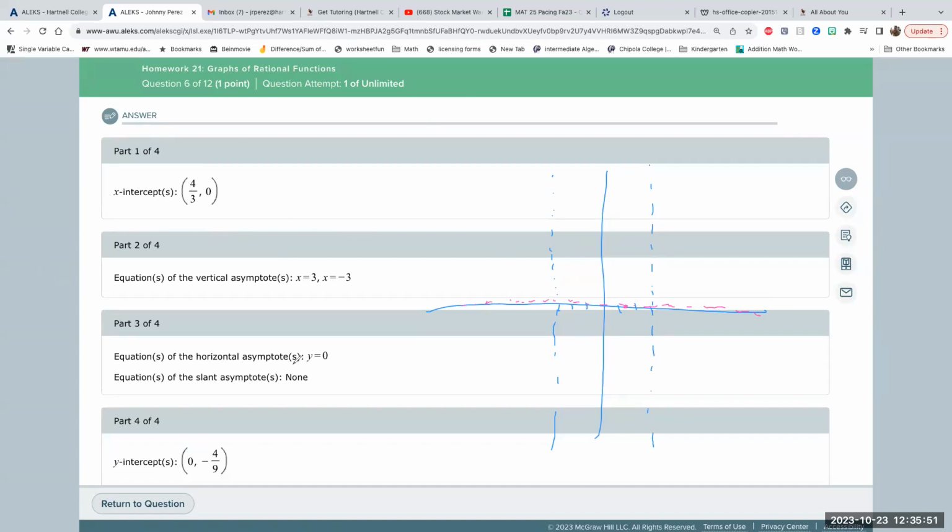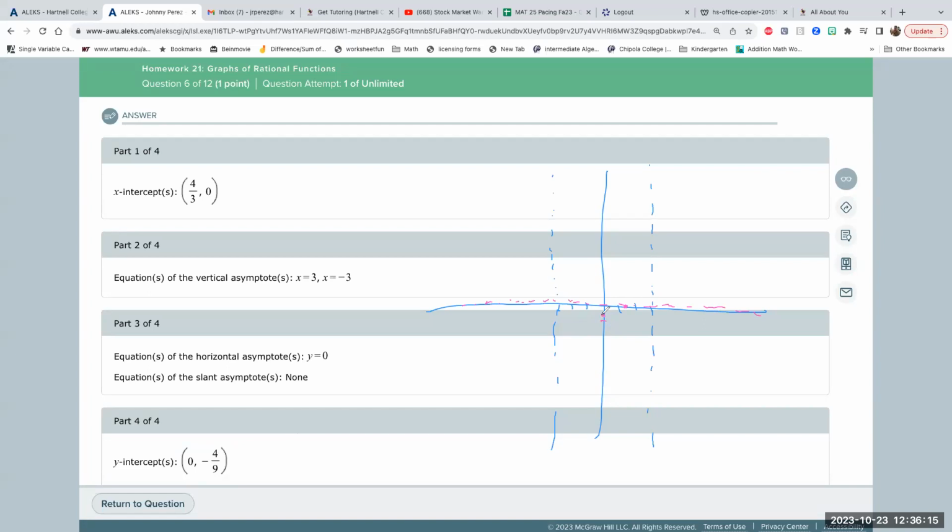And what you could always do if you wanted to graph this, because we want to know, is this going to go like this? Oh, we have a y-intercept too, this is 4/9, a little less than a half. So this is 1, like right here. All right, and let's do this as well.